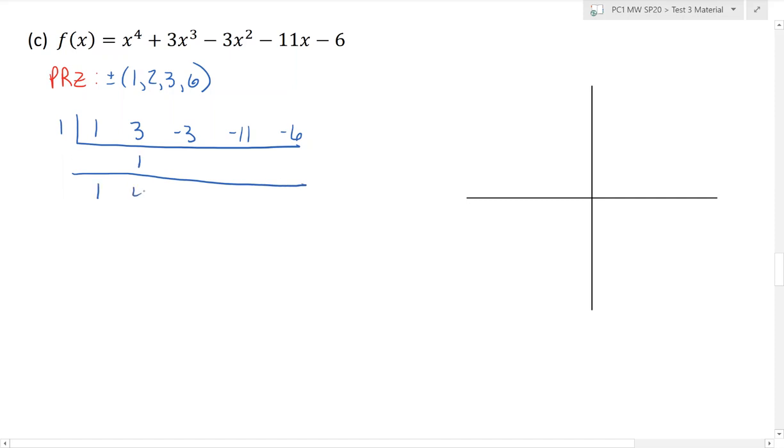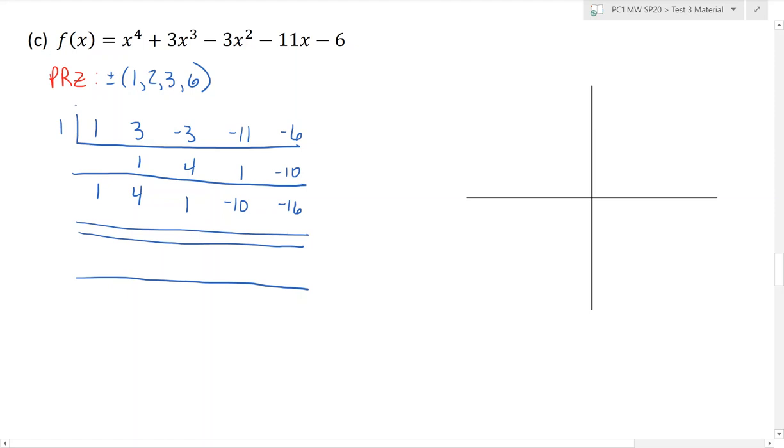1 times 1, you get 1, then 4, 1, 1, -10, -10, -16. That did not work for us. It's not useless information though. You do know that you have the point (1, -16) on the graph.